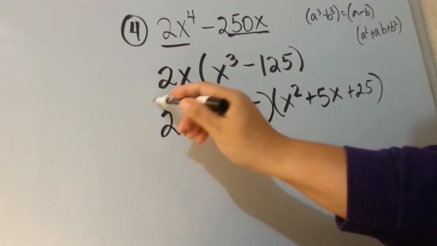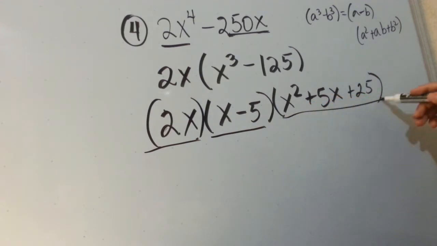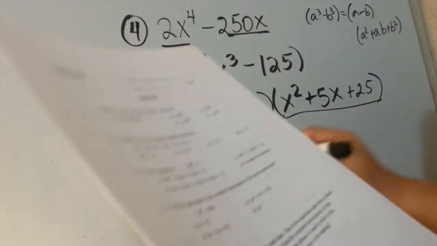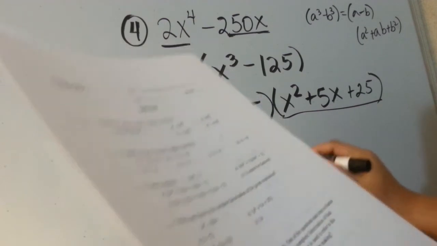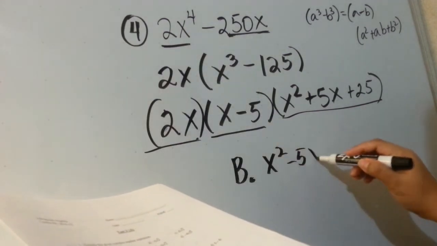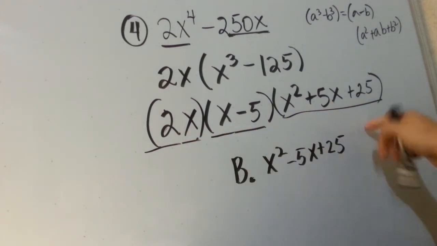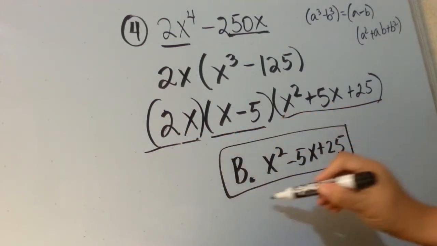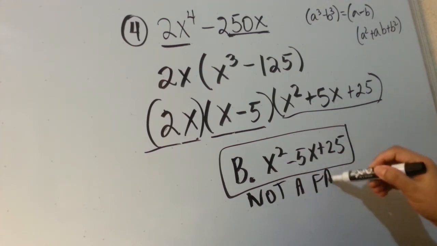Alright, so what is a factor? 2x is a factor, x minus 5 is a factor, x squared plus 5x plus 25 is a factor. And when you look at the test, the answer is B on this one because it says x squared minus 5x plus 25. This is not one of these, so this one is not a factor.